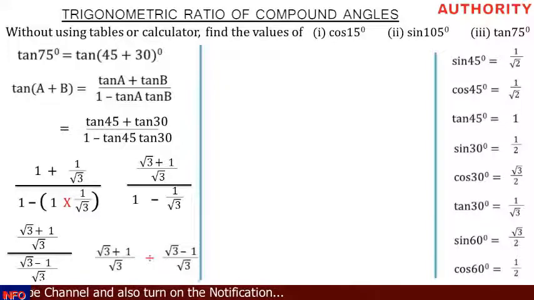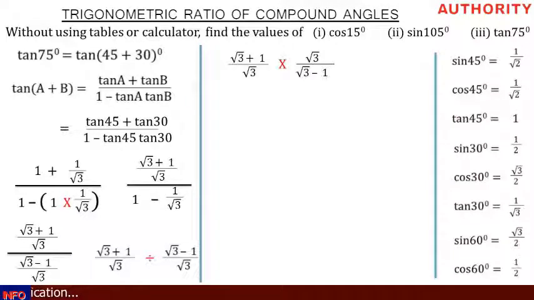That is, the denominator will come up to the numerator, and the numerator will come down to the denominator on our right hand side. So we're going to have root 3 plus 1 all over root 3 times root 3 all over root 3 minus 1. Is that clear? Yes.